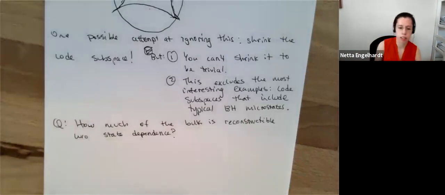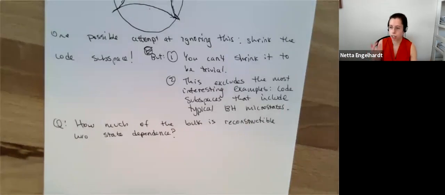So clearly, this is going to depend on your code subspace. But for a given choice of code subspace, it's going to be the worst case scenario. In other words, within your code subspace, you find the quantum extremal surface that's closest to the boundary. And we say, okay, that's what I can reconstruct in every state in my code subspace.